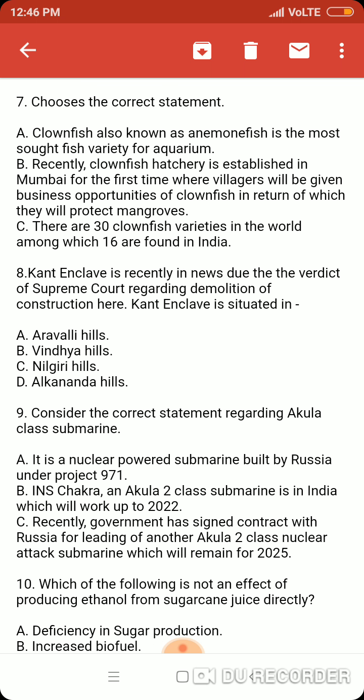Option B: recently, a clownfish hatchery is established in Mumbai for the first time, where villagers will be given business opportunities in clownfish, in return for which they will protect mangroves.